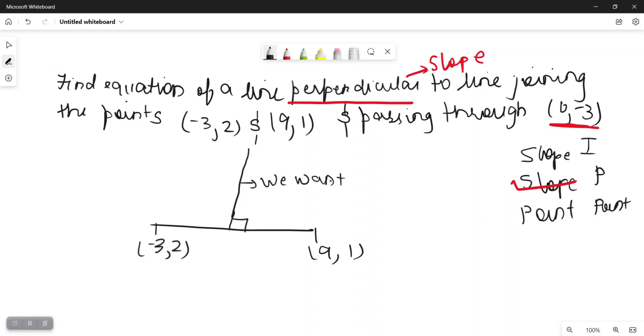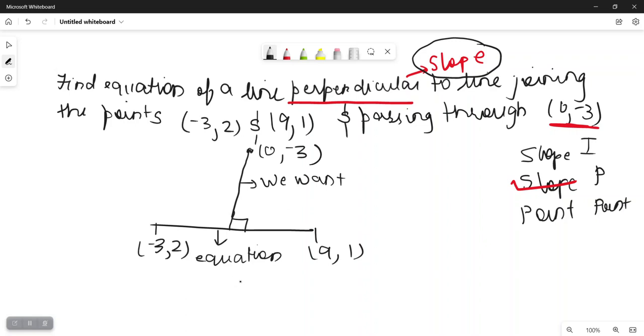It is perpendicular to the line joining (-3, 2) and (9, 1), and it passes through (0, -3). But there is a slight problem. In order to find the slope given by the perpendicular line, we need to know the equation of this line.